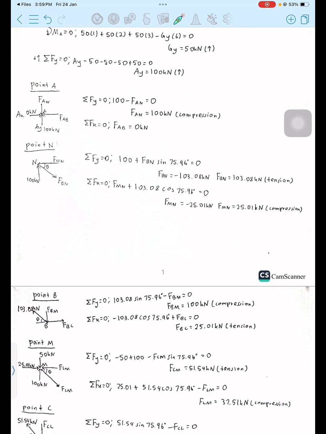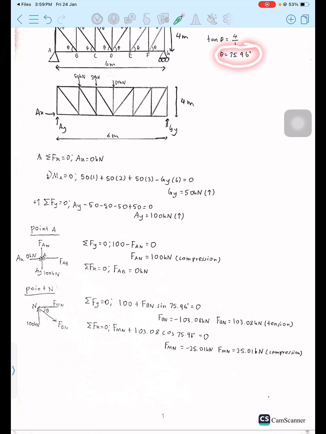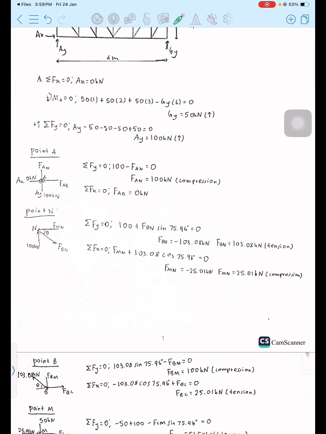At point N, we have FAN, which is compression, and the direction is upward. FMN we assume as compression, and FBN we assume as tension. The angle we found before is 75.96 degrees. So sum of Fy equals 0: 100 plus FBN sine 75.96 degrees equals 0. We get FBN equal to negative 103.08 kilonewton.